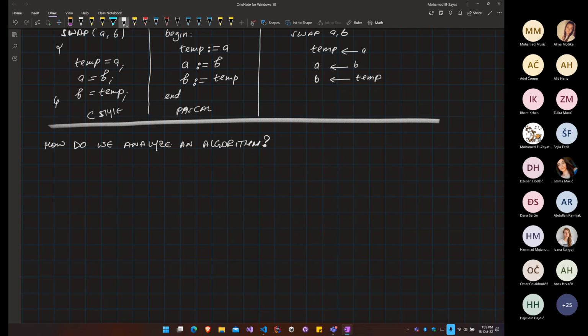I'm going to rewrite that swap function again. So I'm going to have this swap A and B. When I describe things, I'm used to C-style languages like C#, C++, and these guys, so you will find me writing in a C-style language when I write pseudocode. Temp equals A, A equals B, B equals temp.